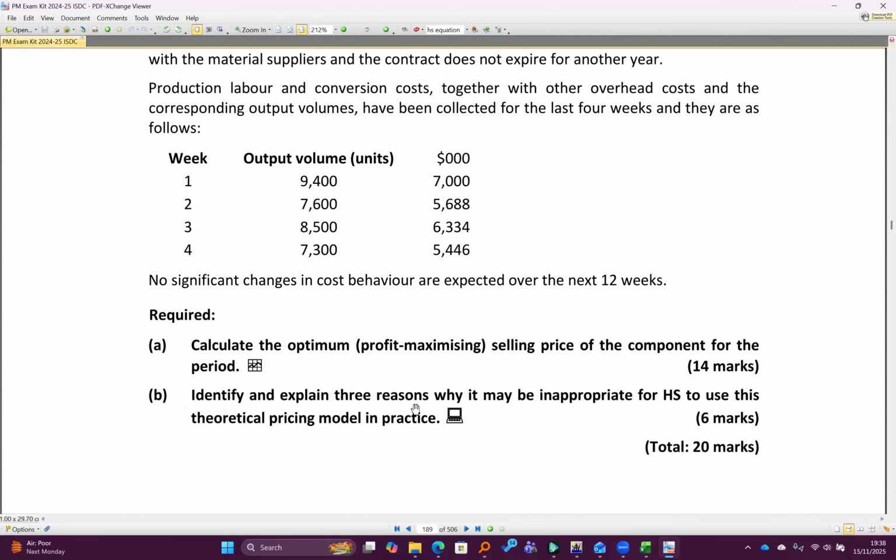Now, the second part is the theory part, which is trying to basically identify reasons why it may not be appropriate to use this theoretical pricing model in practice.